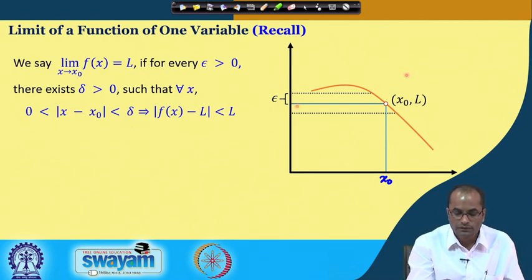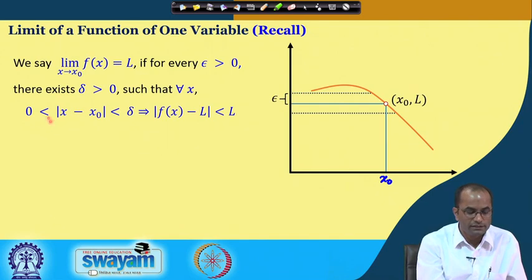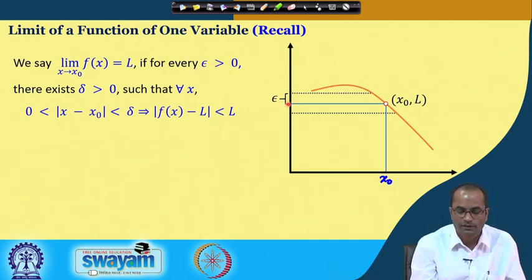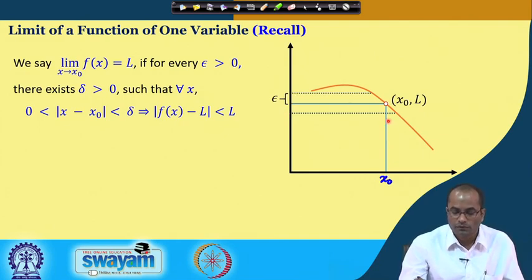And now what this definition says is that corresponding to every epsilon, which could be a very small number or anything, this epsilon positive, which is denoted by this distance here around this L, there always exists a neighborhood of this x0, which is the case here.